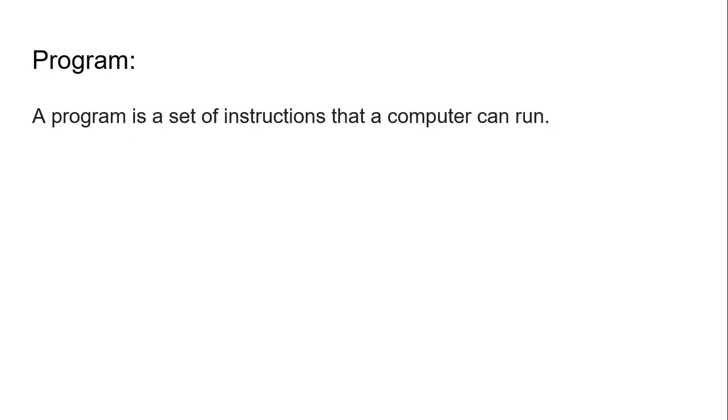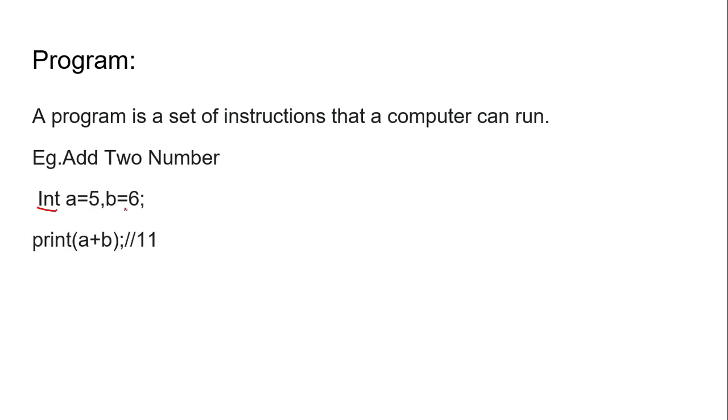A program is a set of instructions that the computer can run. For example, if I want to add two numbers, let's take int a = 5 and b = 6. If you don't know about int, you can see a = 5 means the value of a is 5 and the value of b is 6.